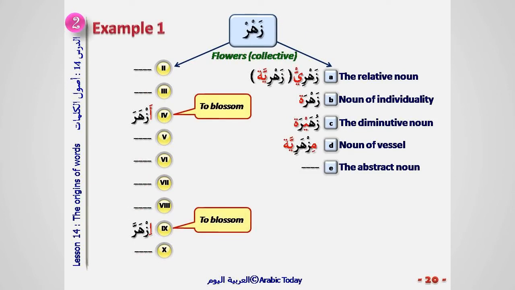The first noun to be derived is زهر, which is the collective for flowers. From this noun, we can derive 2 verbs, أزهر and إزهر, which both mean to blossom. The form إزهر carries an additional meaning of intensiveness.